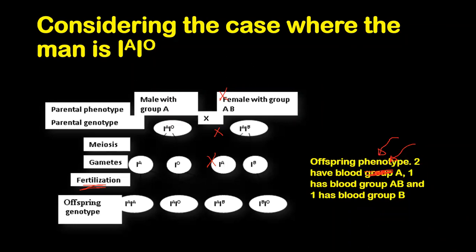Because there are many blood groups, and this man could not be the only one with blood group A. This woman could sleep with another man of blood group A and they produce the same kid. So when you carry out a cross, you pin this man when he's not the one.